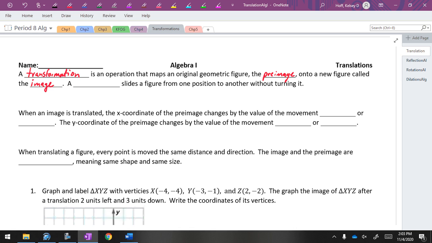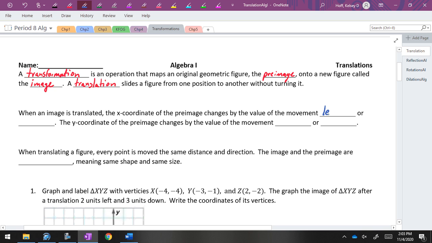A translation slides a figure from one position to another without turning it. When an image is translated, the x-coordinate of the pre-image changes by the value of the movement. Your x-coordinate is what directions?